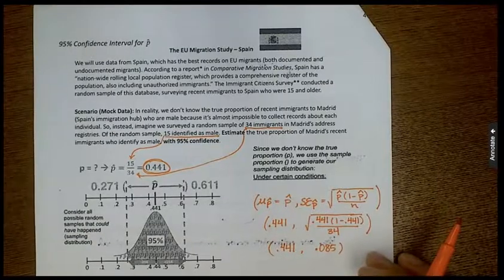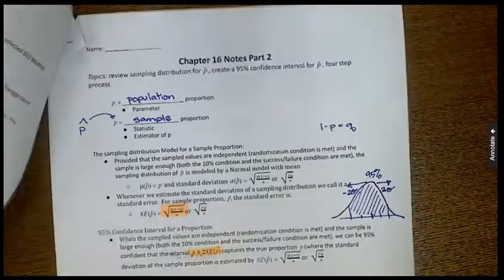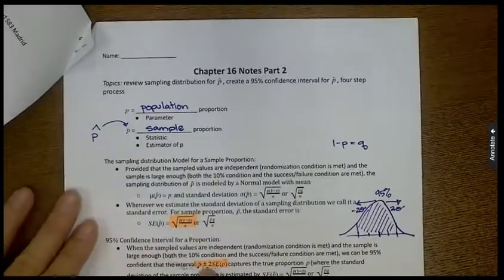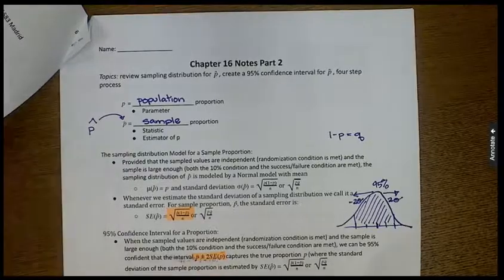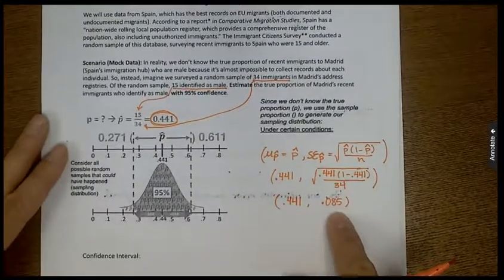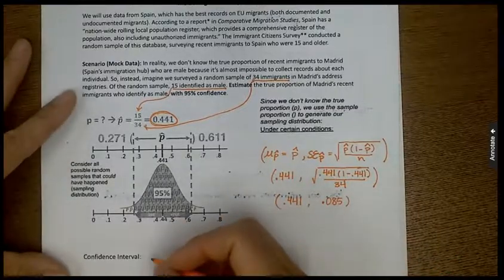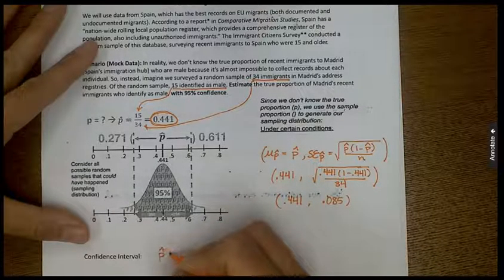To find my confidence interval, I'm going to use the formula that I wrote down from the beginning, if you remember, right here on the very front page: p hat plus or minus 2 standard errors of p hat. The standard error of p hat is 0.085, so I'm going to use this formula.